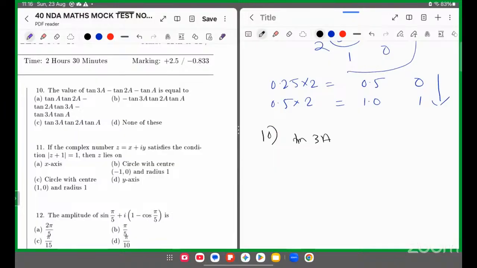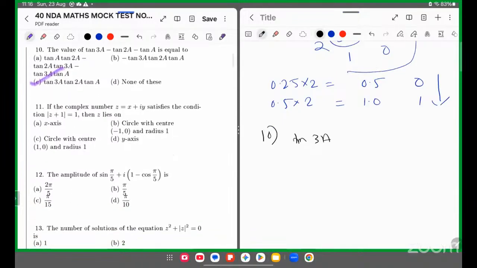That is a shortcut only, because 2a plus a is 3a. So the answer will be option C: tan 3a tan 2a tan a. Our option will be C.